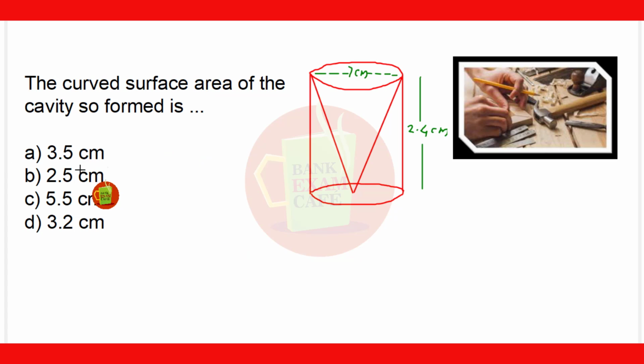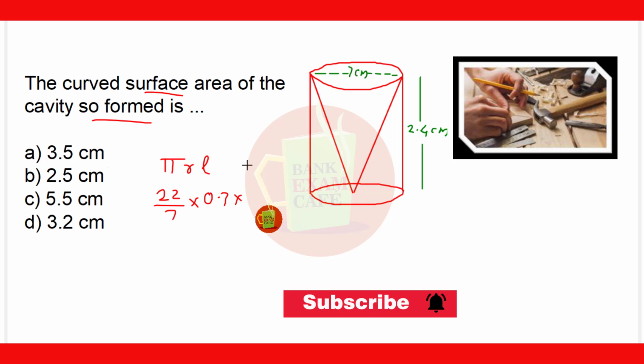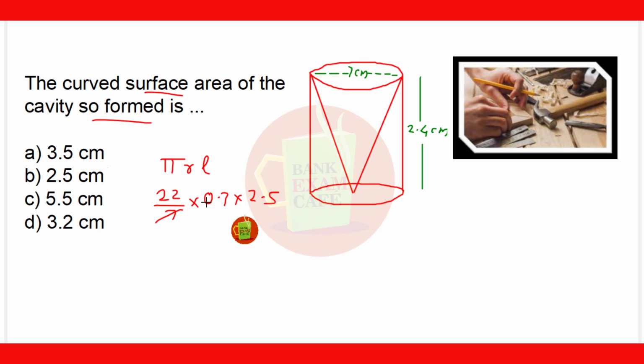Now let us move to the next question. The curved surface area of the cavity so formed is. Friends, here we have to find the curved surface area of the cavity, which is calculated as pi RL. So pi is 22 by 7, into R, which is 0.7, into L, which we calculated in the previous question, that is 2.5. Here 7 ones are 7, 0.1.